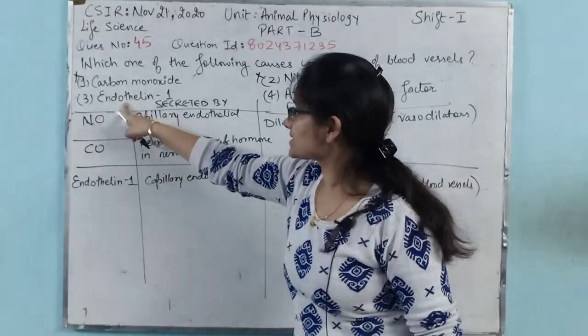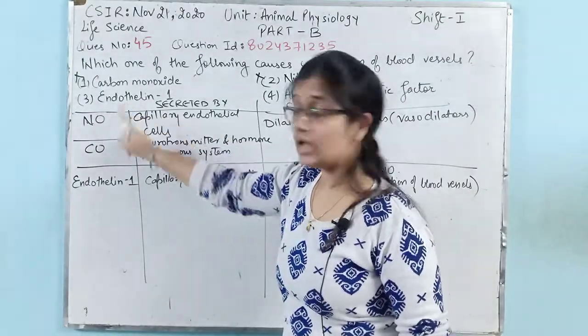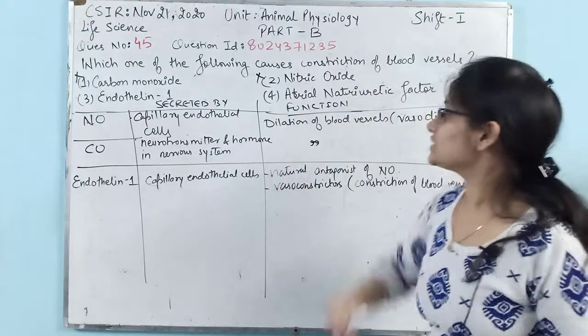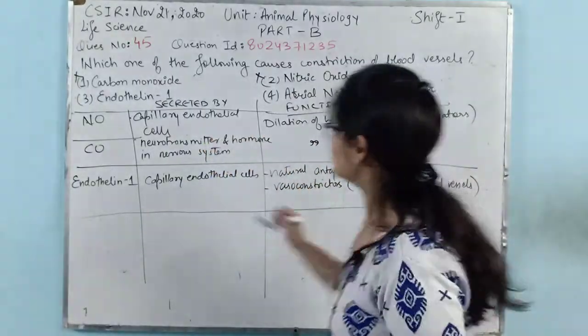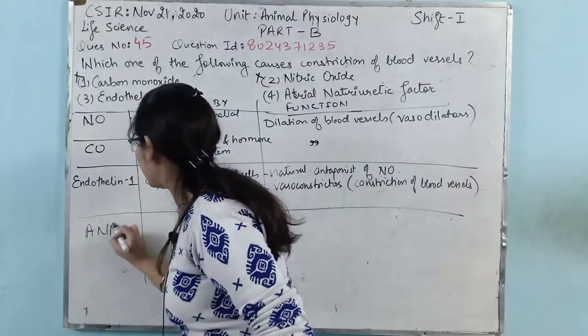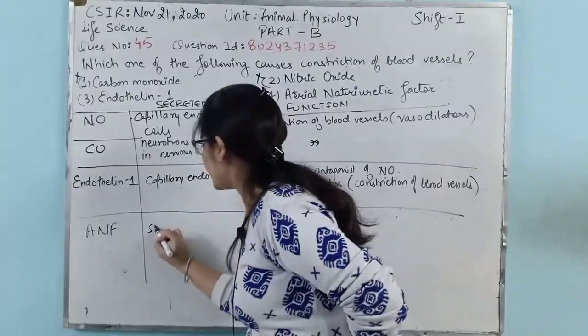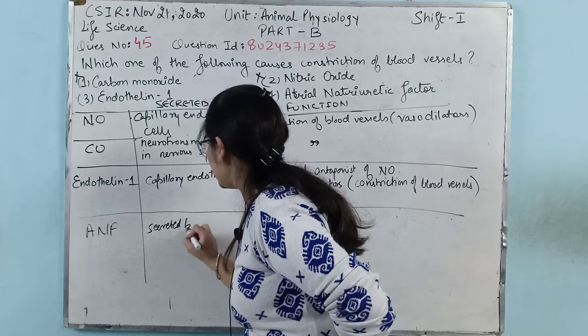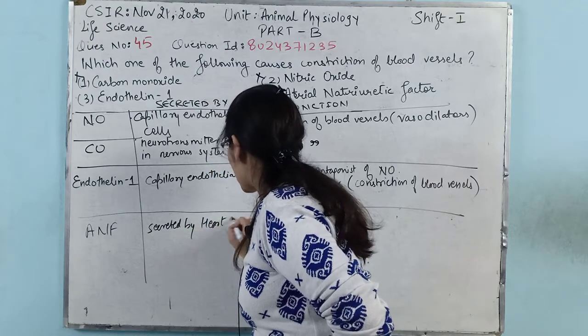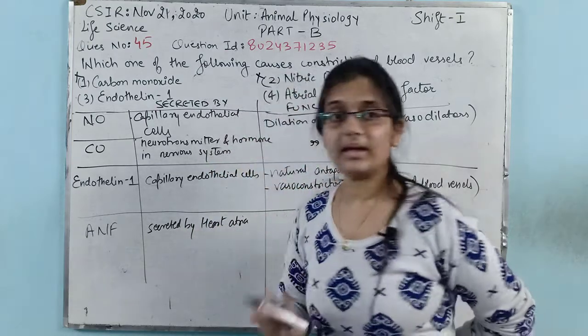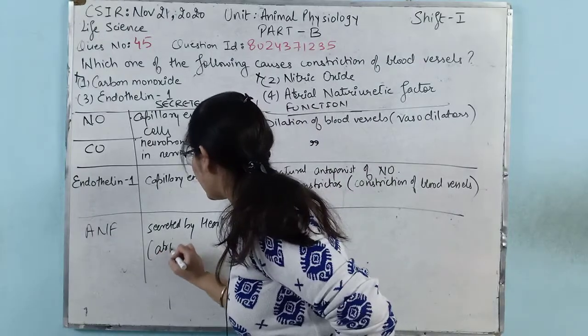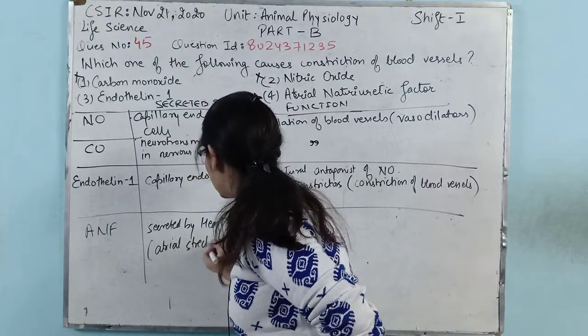So this gives us our answer endothelin 1, but before checking it out, let's check the other option, atrial natriuretic factor. Atrial natriuretic factor is secreted by heart atria in response to atrial stretch condition.